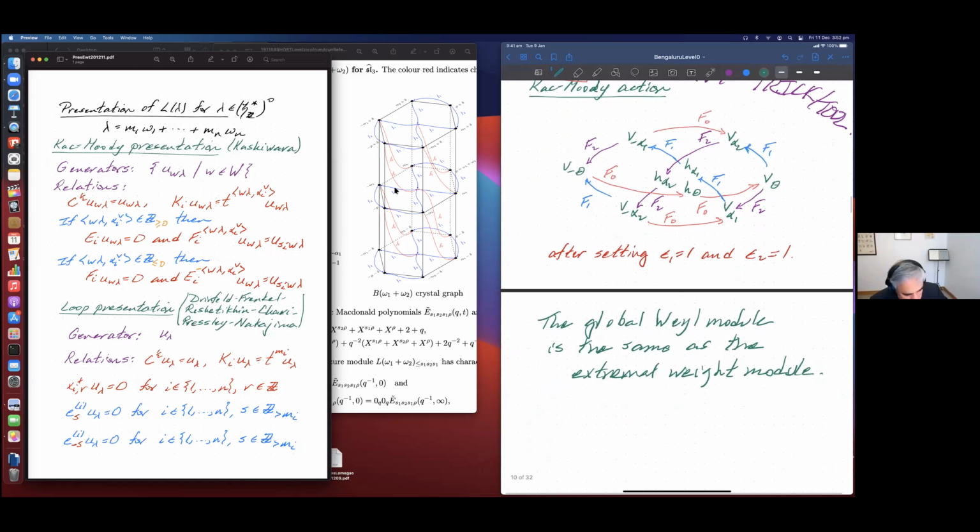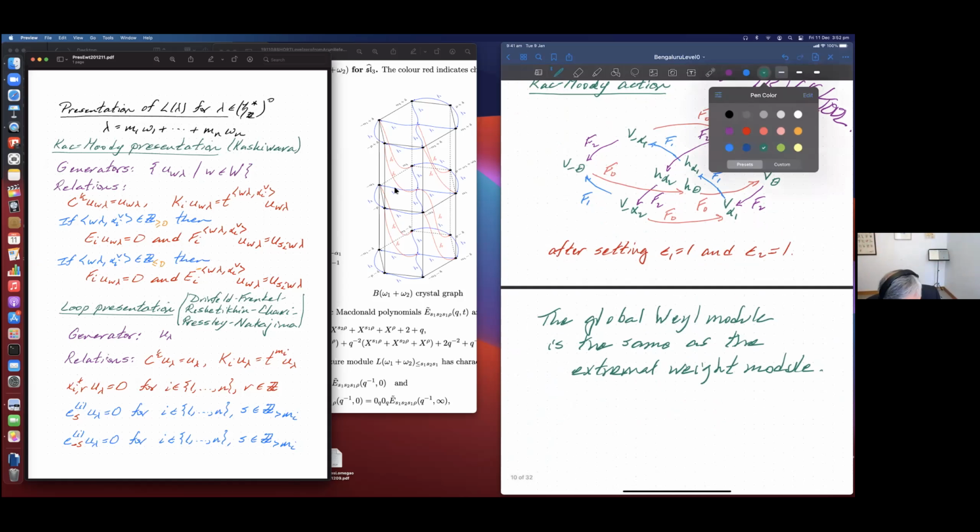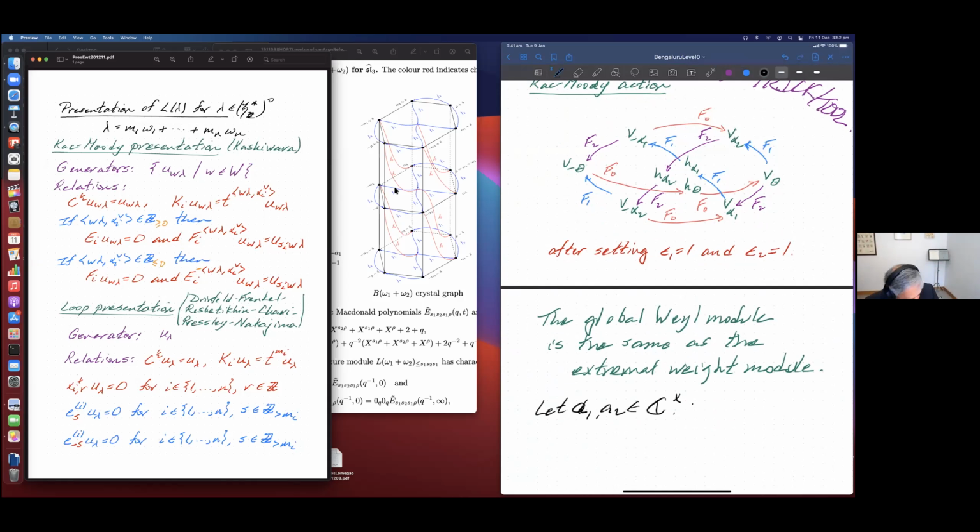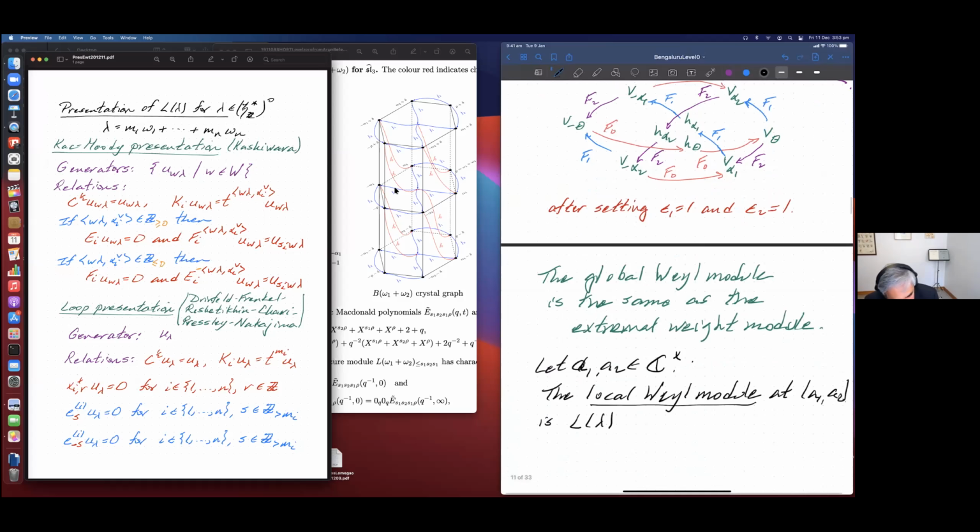But then I can always do this technique: if I let A1 and A2 be complex numbers, then the local Weyl module at this point A1, A2 is the global Weyl module, is the extremal weight module. So we should call that the extremal weight module.